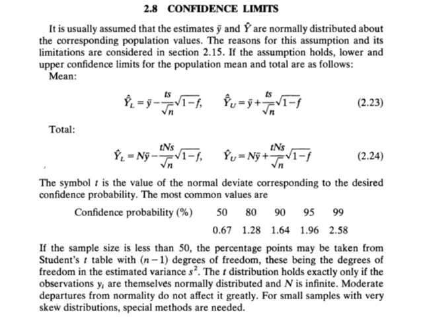The t distribution holds exactly only if the observations y small i are themselves normally distributed and capital N is infinite. Moderate departures from normality don't affect it greatly. For small samples with very skew distributions, special methods are needed.